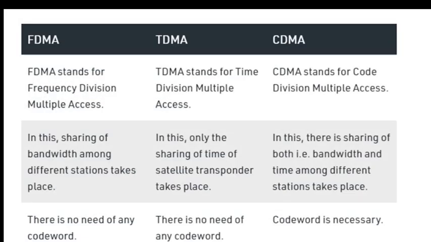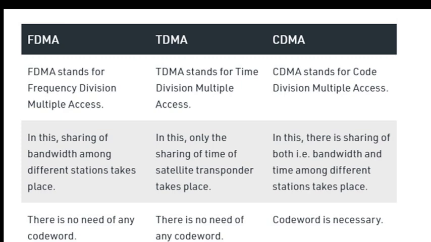Some comparisons of FDMA, TDMA and CDMA. The first comparison: FDMA stands for frequency division multiple access. TDMA stands for time division multiple access. CDMA stands for code division multiple access. The second difference is, in FDMA, sharing of the bandwidth among the different stations takes place, but in TDMA, only the sharing of the time of the satellite transponder takes place.